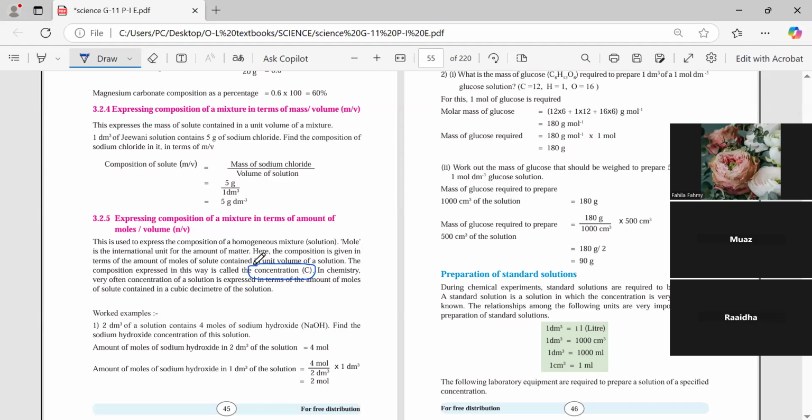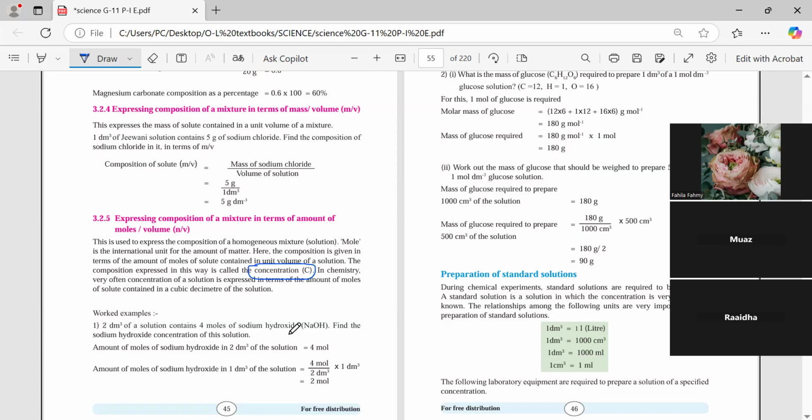Whenever we take a solution, we always look for the concentration. How much is it concentrated, right? So moles per volume, in other words, is concentration. This means how many moles of something is dissolved in a particular volume.